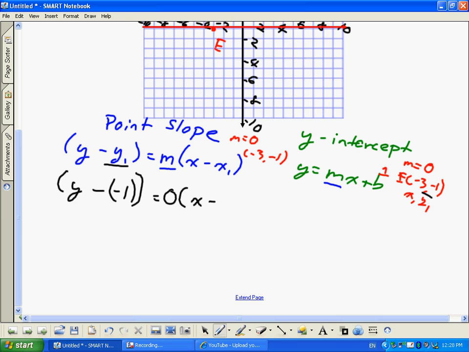And our x1 is -3. We can go to equate this equation now. First of all, let's deal with the brackets. This becomes y plus 1 is equal to 0 times x subtract the -3, which is x plus 3.